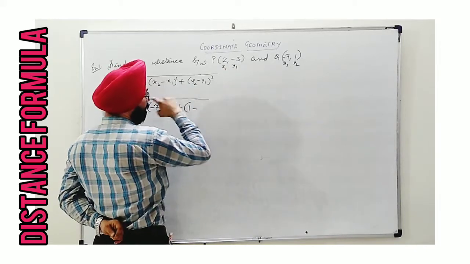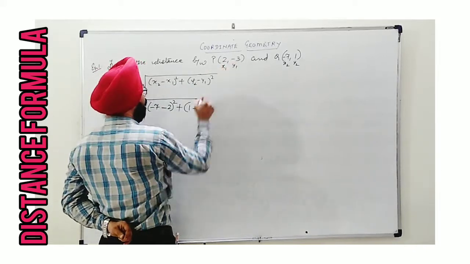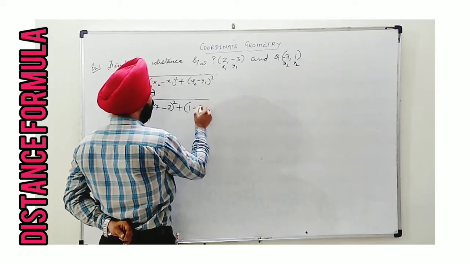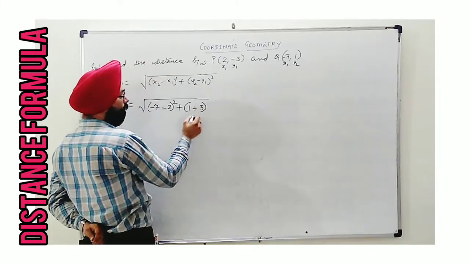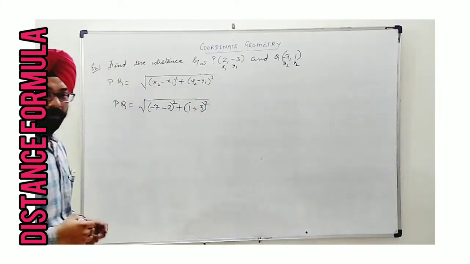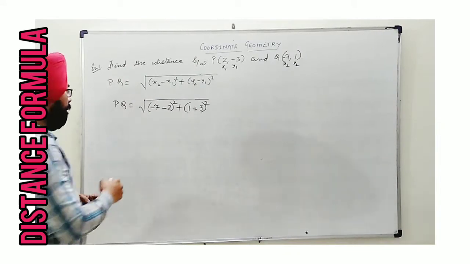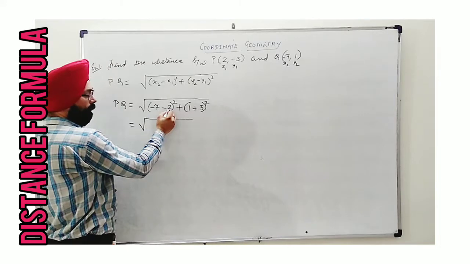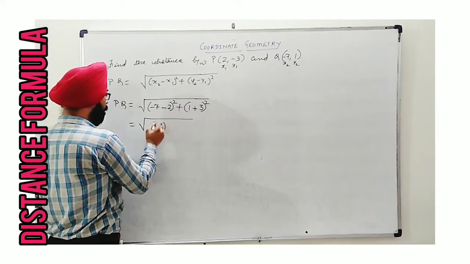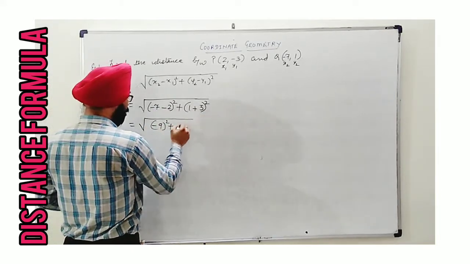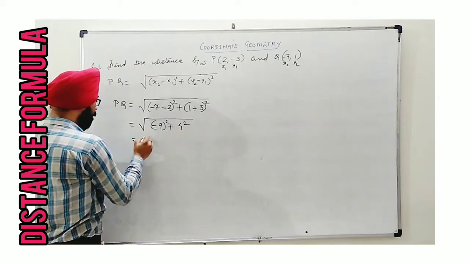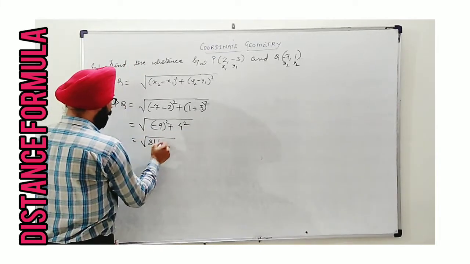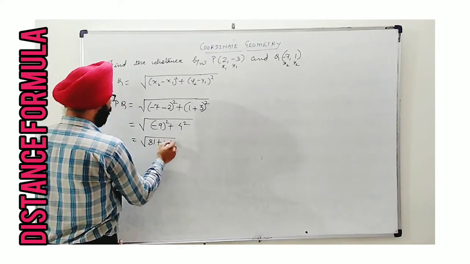Since we are taking minus of minus 3, this will become plus 3, because of subtraction, square. This will be minus 7 minus 2, it's minus 9, square on that, 1 plus 3, 4, square on that. We find 81 and 4 square, 16.